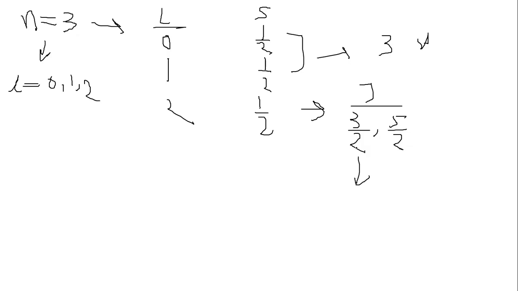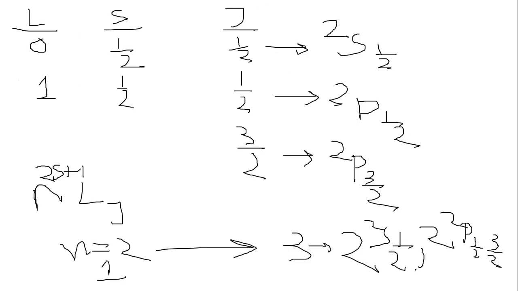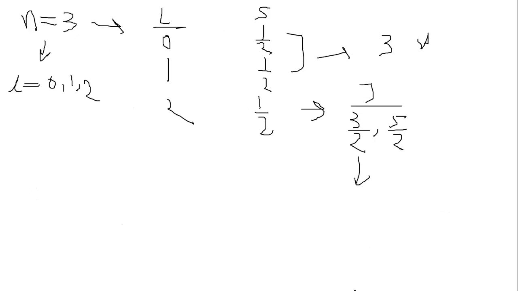So if we write these in terms of spectroscopic notation, these three terms will also be present, and additional to these three terms, we will get, for spin half, a doublet state, so 2. For L equal to 2, it is D. So 2D 3 by 2 and 2D 5 by 2.